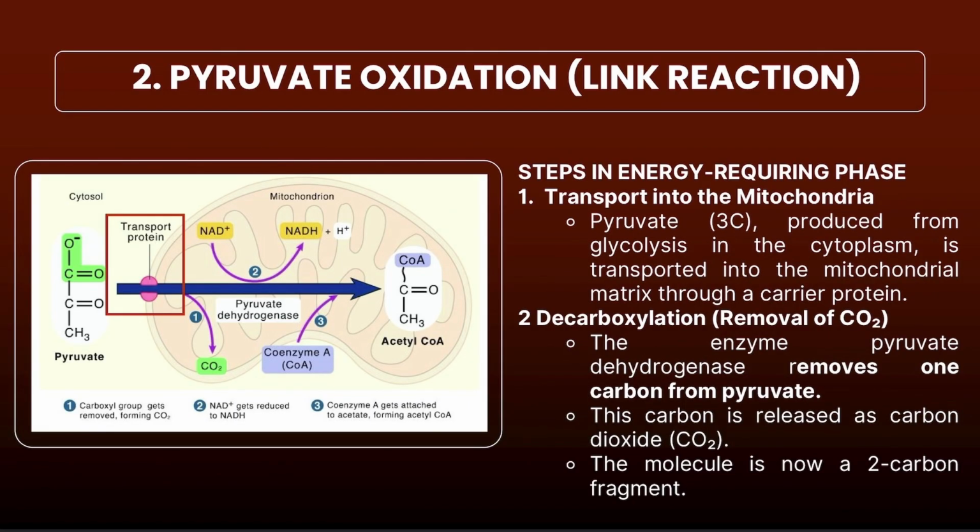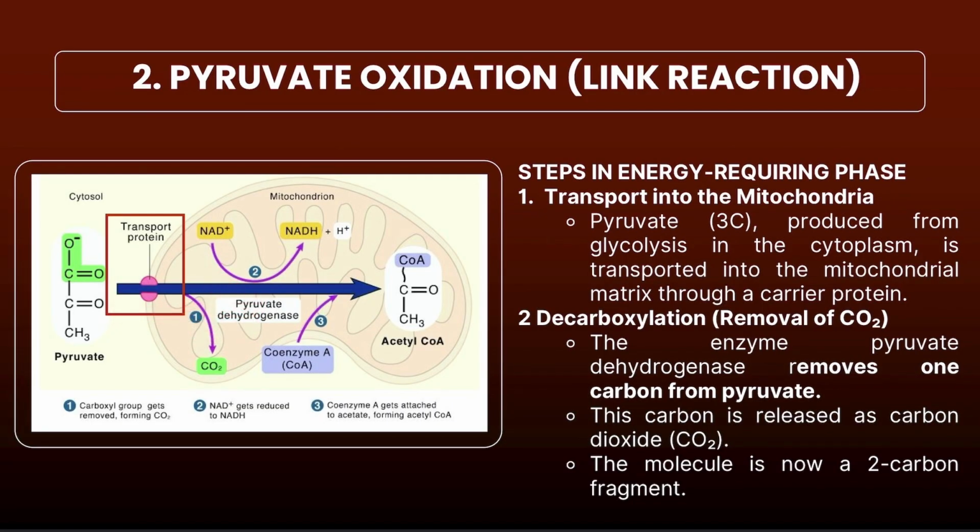So now let's proceed to the step-by-step process of the pyruvate oxidation. After glycolysis, the 2 pyruvate molecules, each with 3 carbons, are formed in the cytoplasm. These pyruvates must be transported into the mitochondrial matrix.